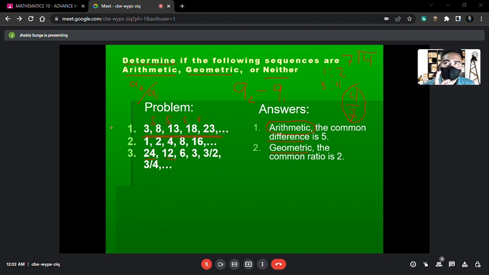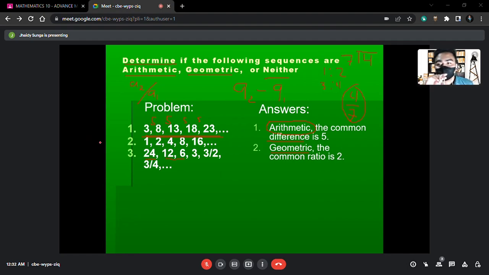A while ago we said that in finding the pattern, it would be nice to have three terms, right? So the third term, from 12, was 6. In these pairs, what did we see in common? 24 to 12, then 12 to 6: the following term was divided by 2.